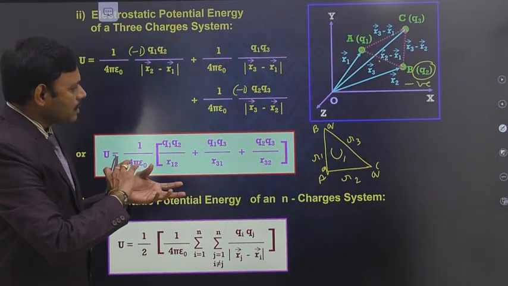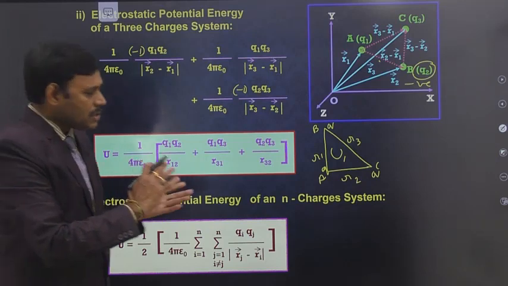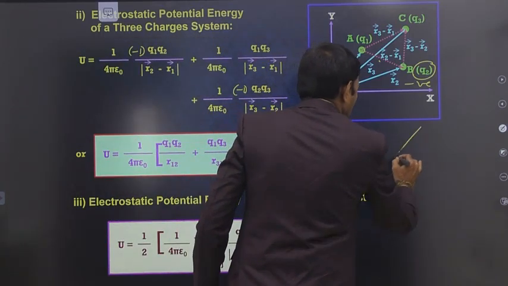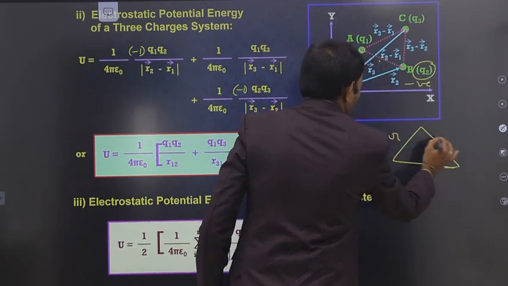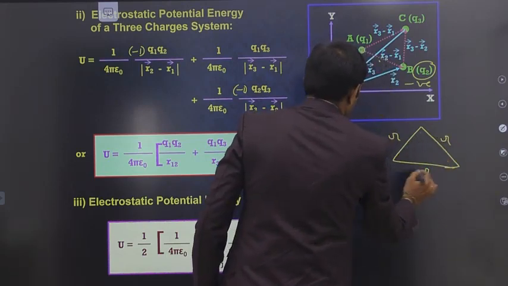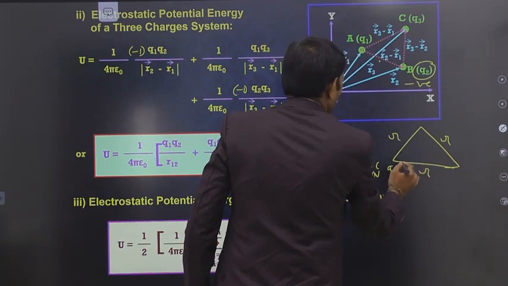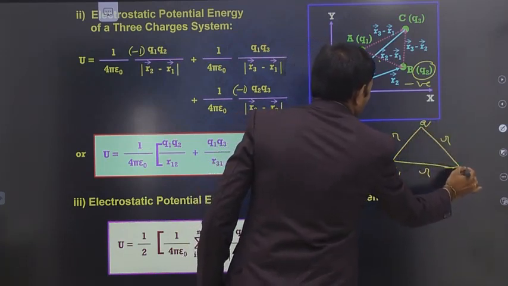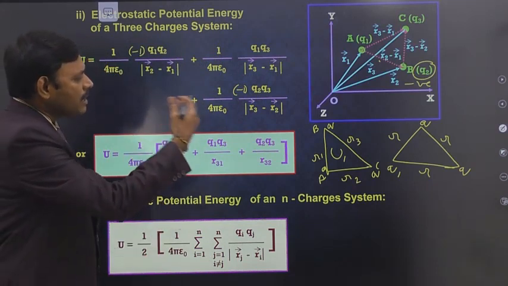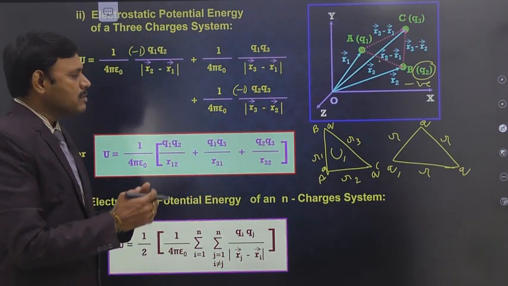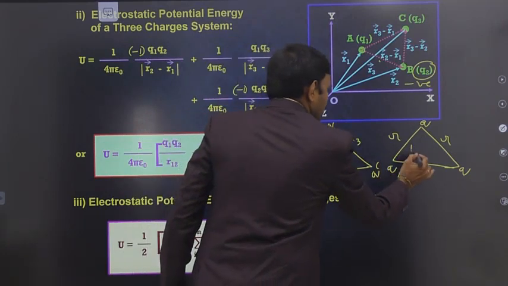If the configuration changes to an equilateral triangle, the charges remain the same, but the triangle shape changes to an equilateral triangle of side R, and the Q values are the same at the vertices.